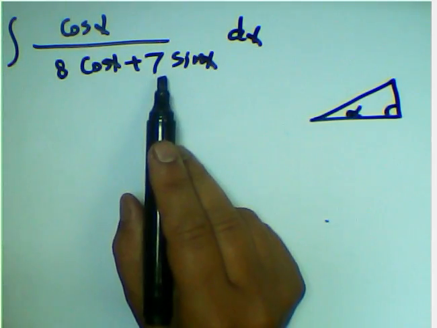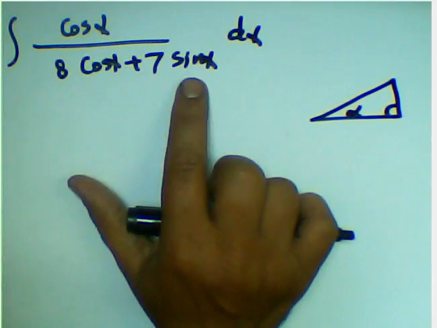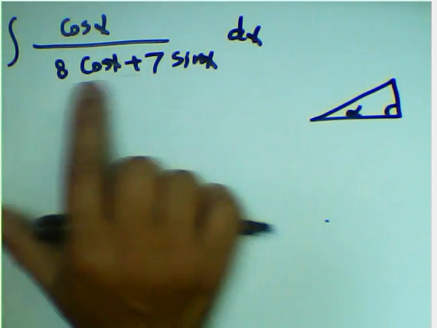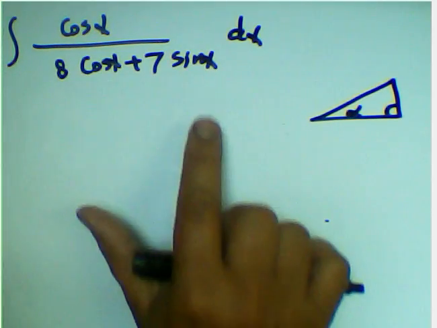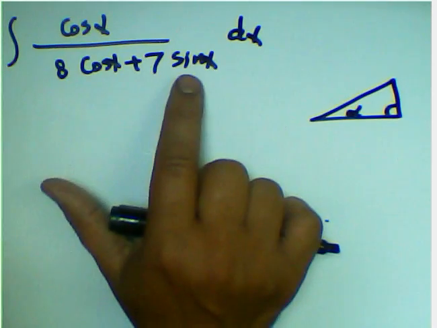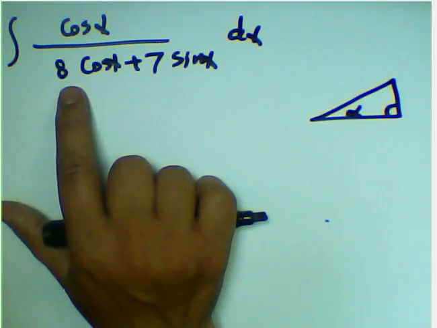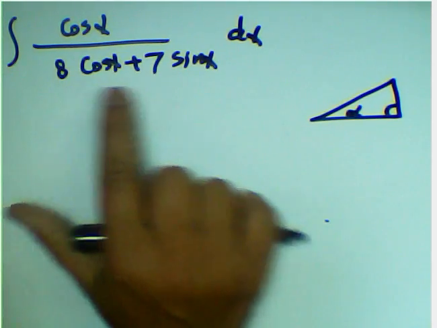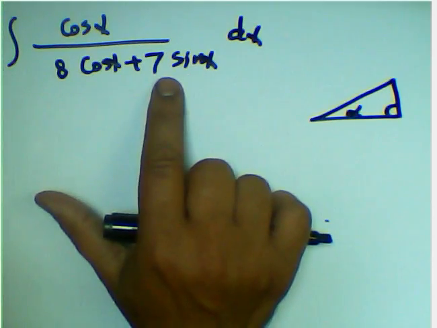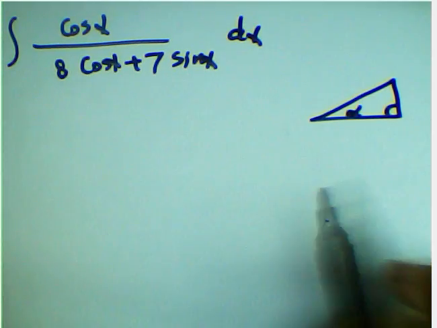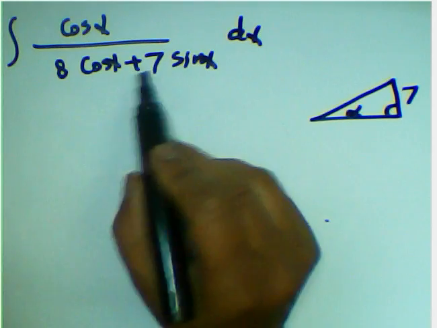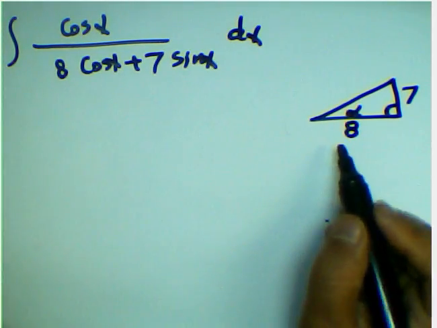8 and 7, sine and cosine. Sine multiplication by 7 and cosine multiplication by 8. Okay, 7 multiplication by sine. You must draw a triangle here and write 7 and write 8. Thinking with me, okay?